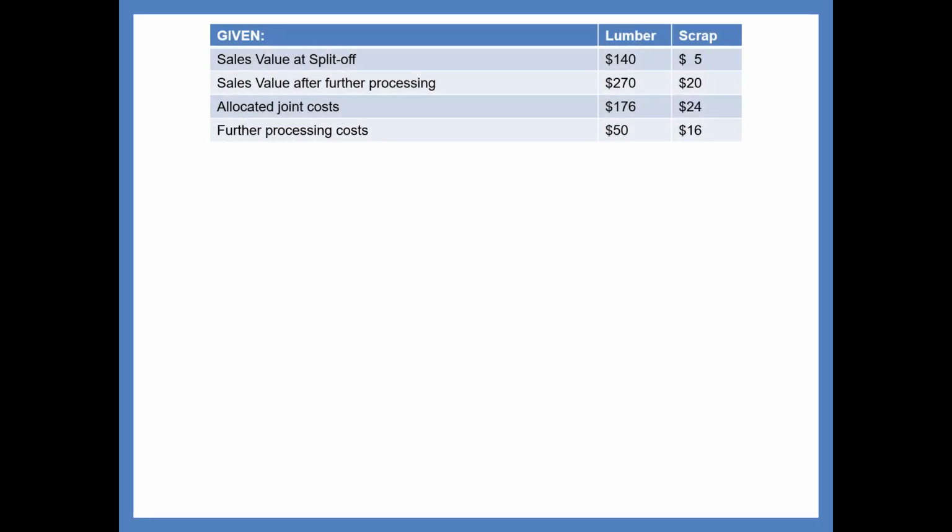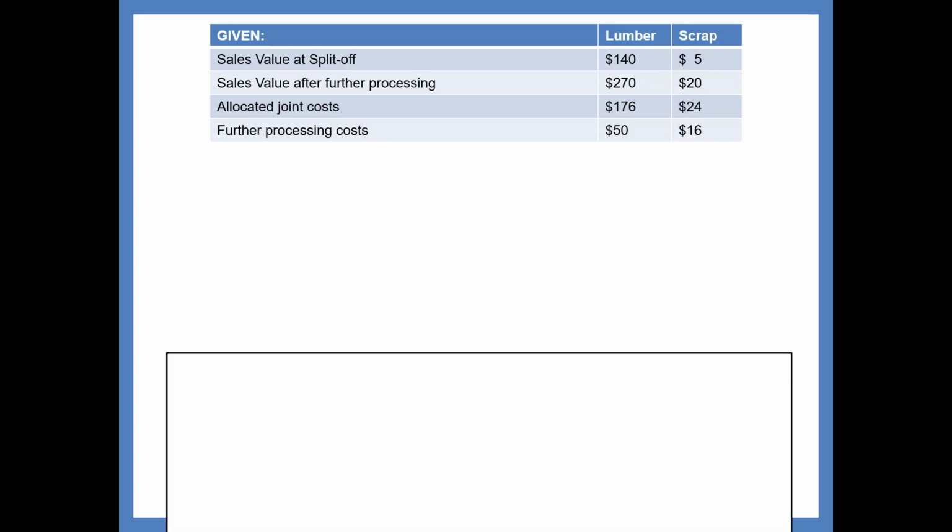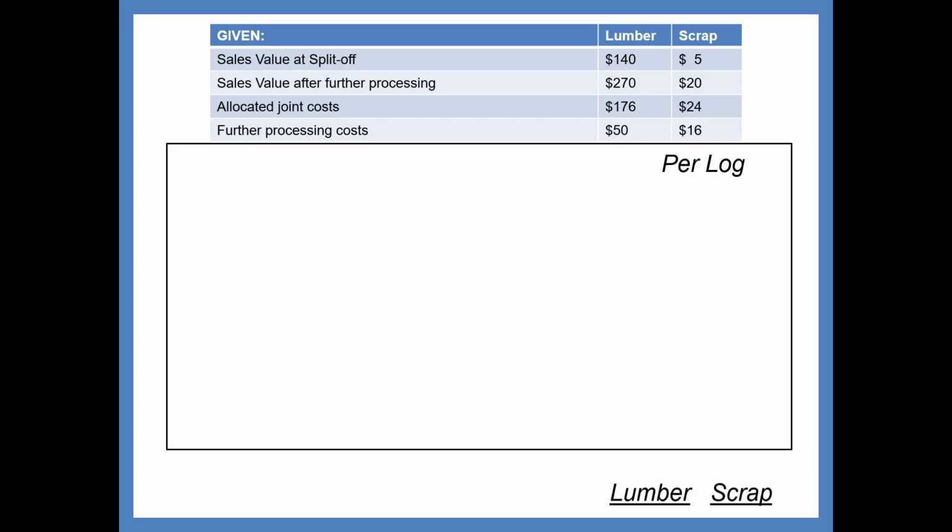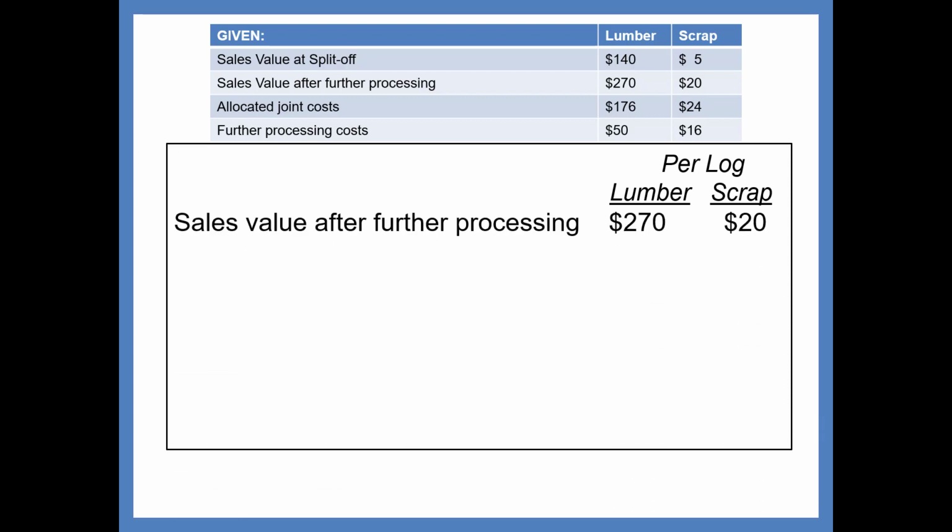I'll remind you of what was given here at the top of the screen, and then we'll do our analysis separately for each product line, trying to decide, should we go from lumber to treated lumber, and should we go from scrap to Presto logs? We start by comparing the revenue. If we process further, we can sell the treated lumber for $270, and we can sell the Presto logs for $20.